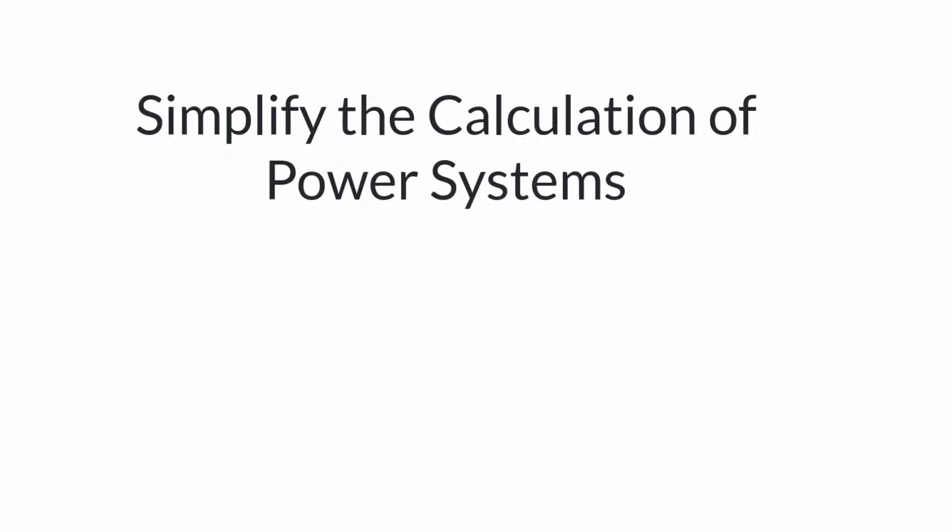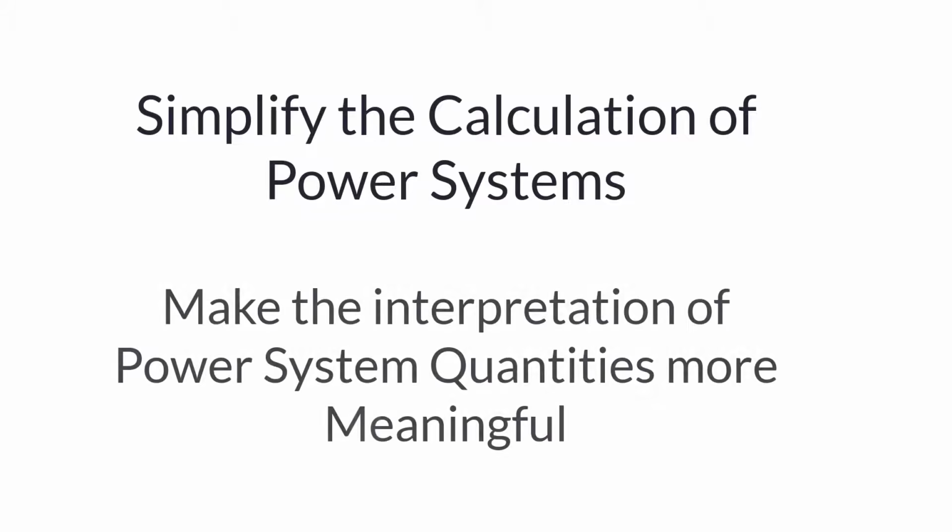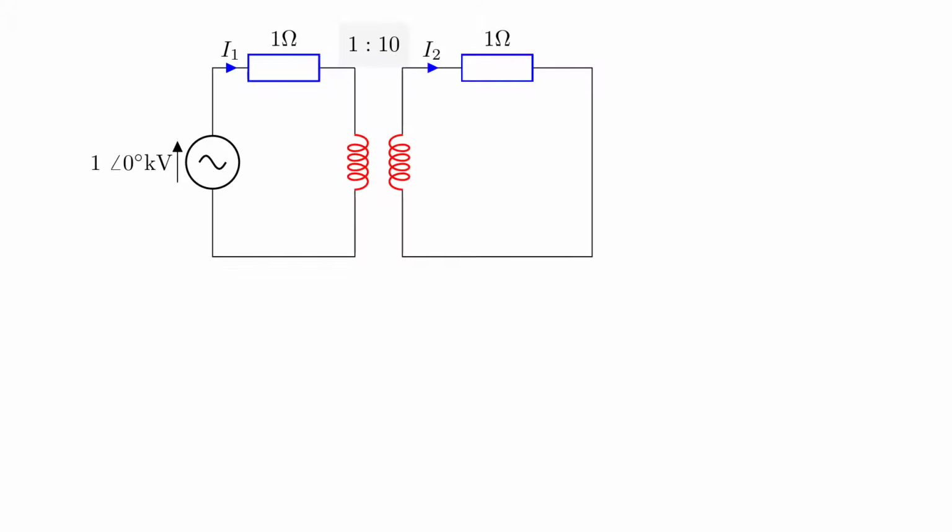Per unit analysis is used to both simplify the calculation of power system quantities and also make the interpretation of these quantities more meaningful, as we shall see later. First, before we get into the details of the method, let's make sure we understand the high-level strategy.